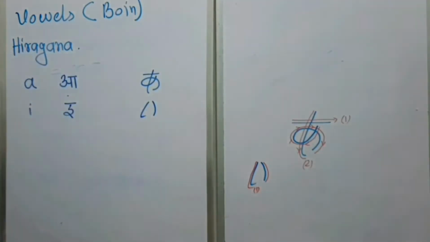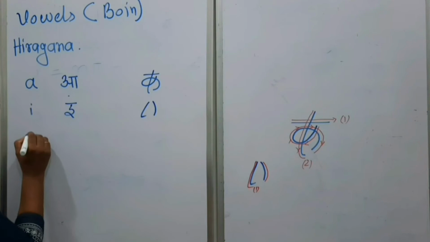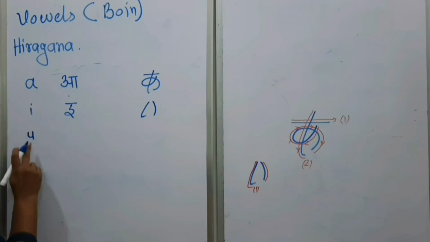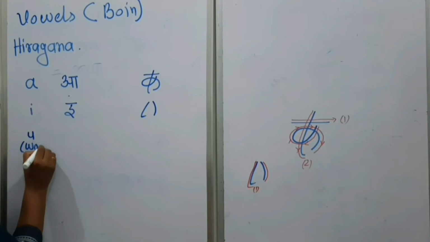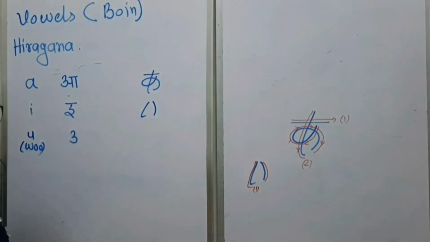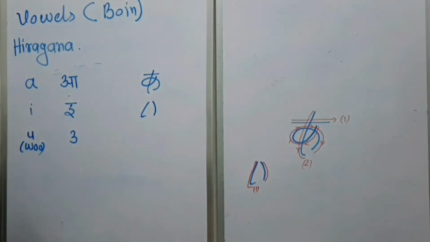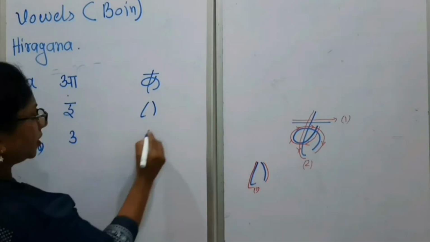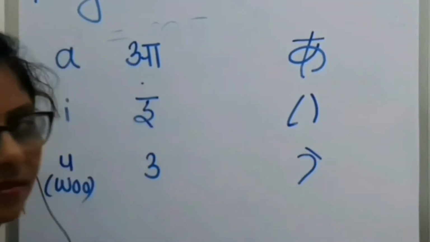So, what is the third? U. In Devanagari, it is this. And in Hiragana, how to write it? One short slanting line and then a curve.